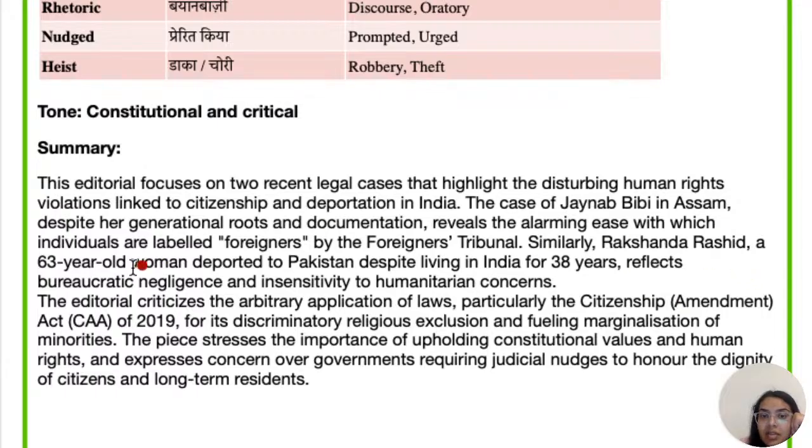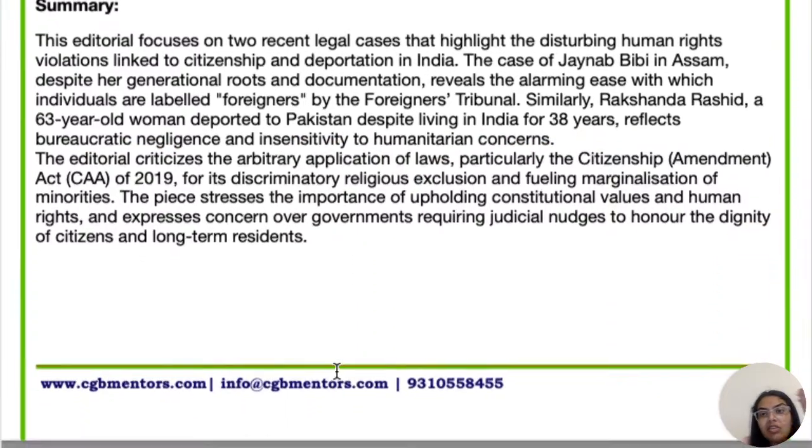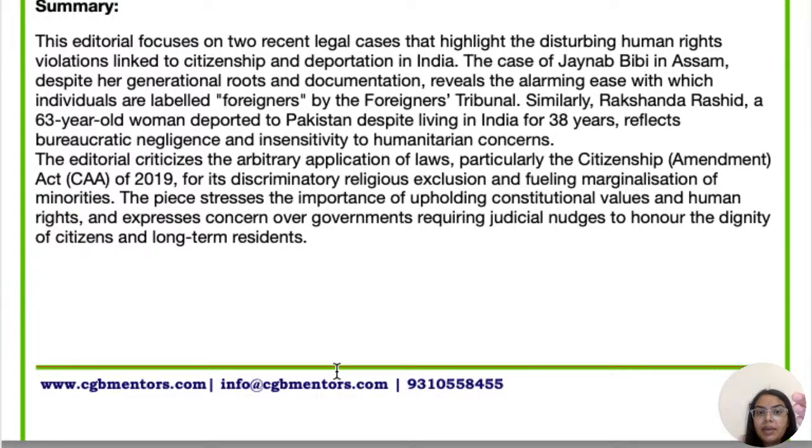Similarly, the other person, that is a 63-year-old woman deported to Pakistan despite living in India for 38 years. This reflects the bureaucratic negligence because the visa was still in process since 96, and insensitivity to humanitarian concerns. For humanitarian basis पर इतने साल के बाद में you are doing this, so this again is a questionable thing. Okay.